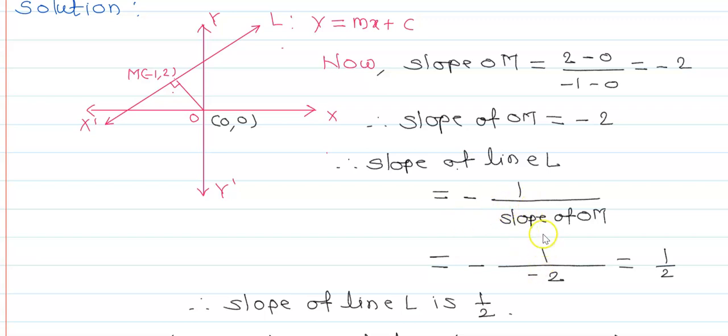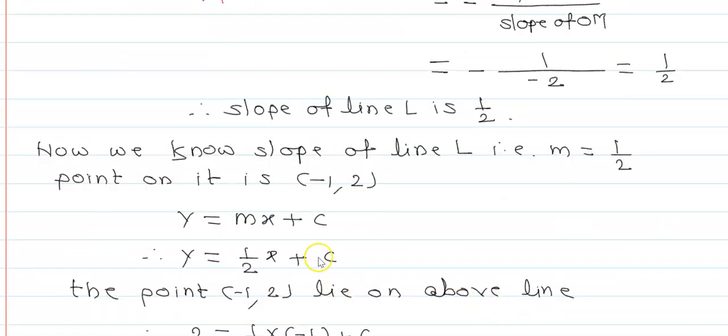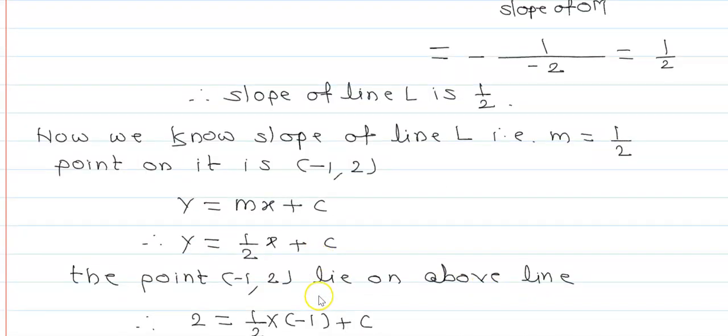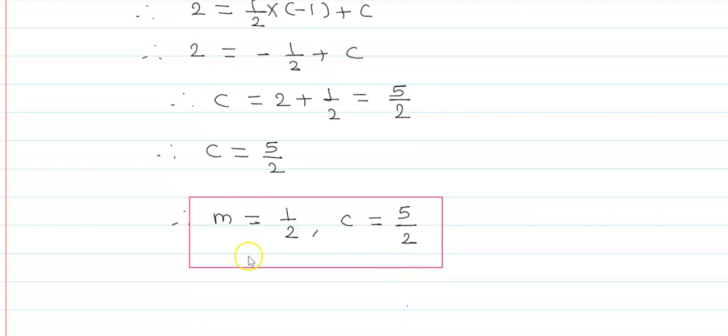Therefore, we get the slope of line L, which is 1 upon 2. Now we know the slope, and also the point on line L is -1, 2. Substitute the values, you will get the value of c is 5 by 2, and hence the answer: m equals 1 upon 2 and c equals 5 by 2.